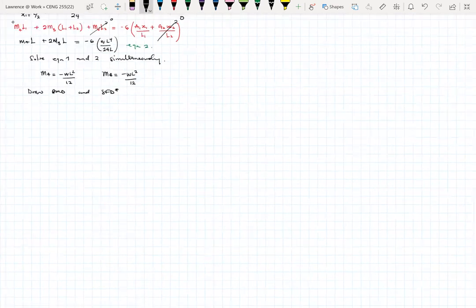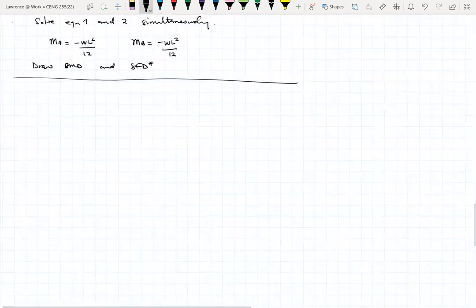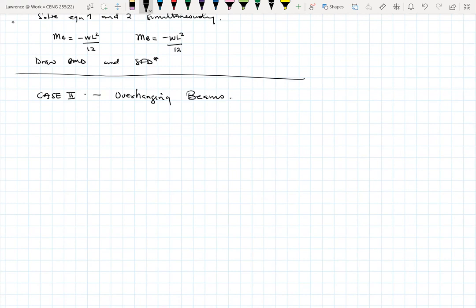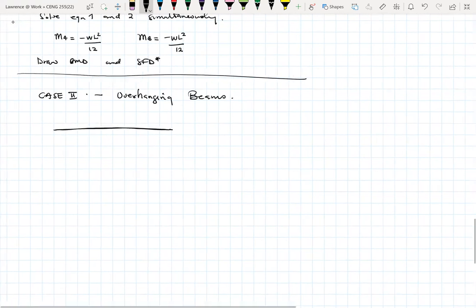Everything we've done here is for case 1. Now let's look at case 2, where we have overhangs, or overhanging beams. So I have this beam here.